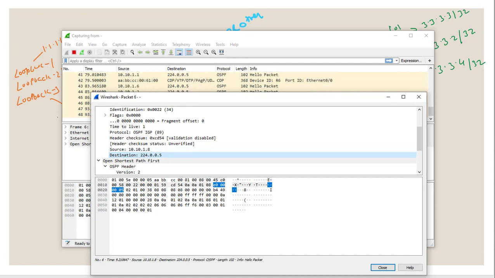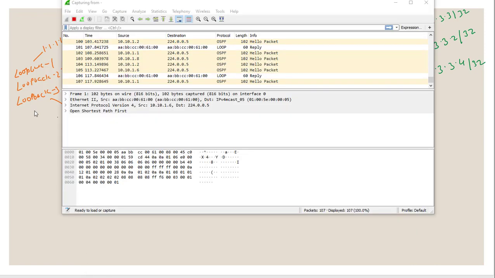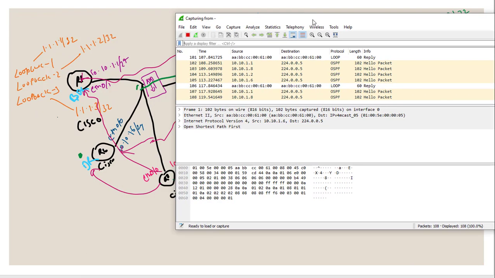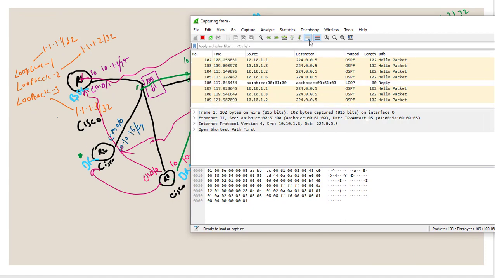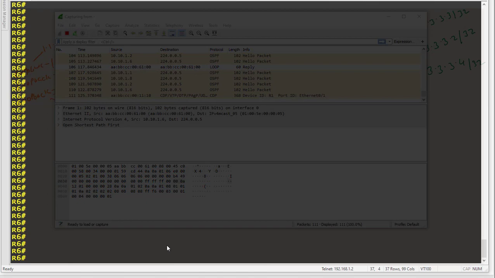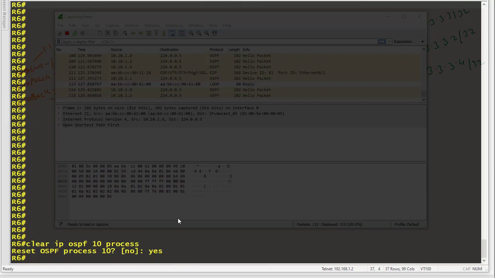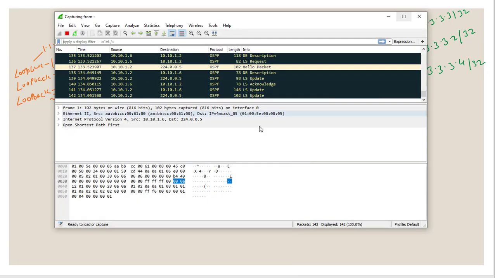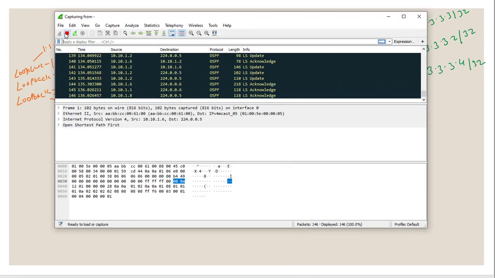So let's do one more packet capture. Now I have enabled the packet capture on R6 on this interface. Let's clear the OSPF process on R6. Yes. Now you can see, stop capturing.